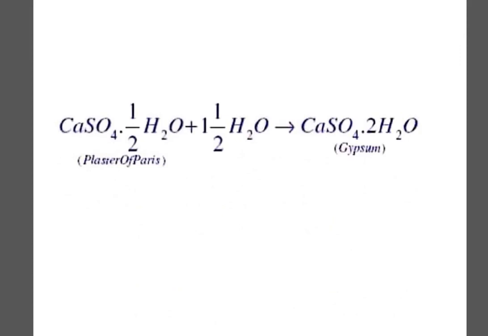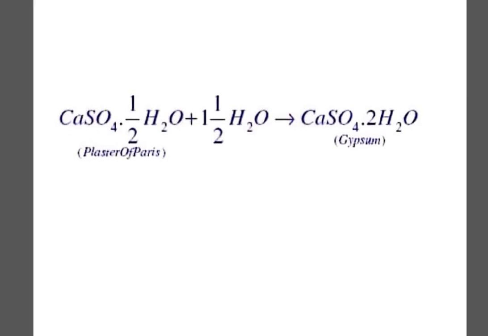And this is how we can obtain gypsum. If we heat gypsum, we obtain plaster of Paris, and we can then add water to plaster of Paris to get the gypsum again. If you just reverse the reaction, you will find that you are able to obtain gypsum from plaster of Paris.